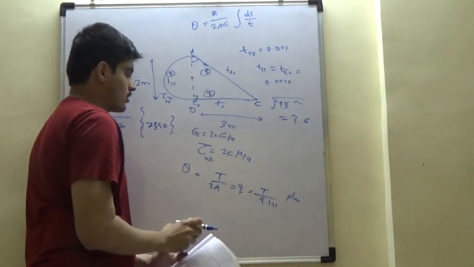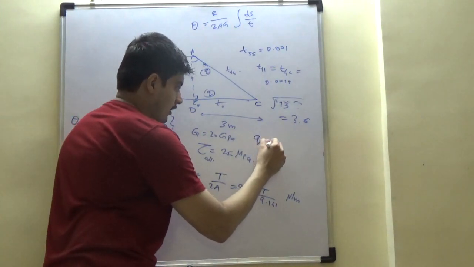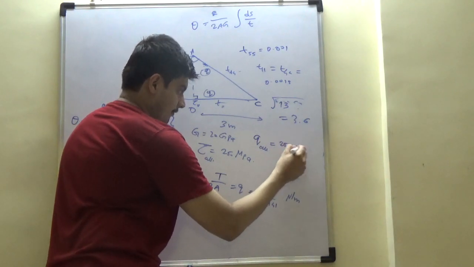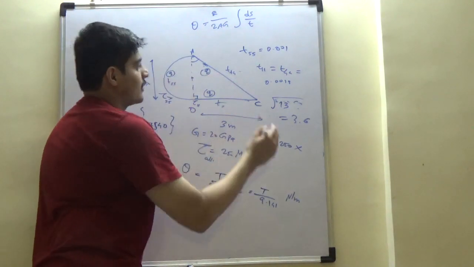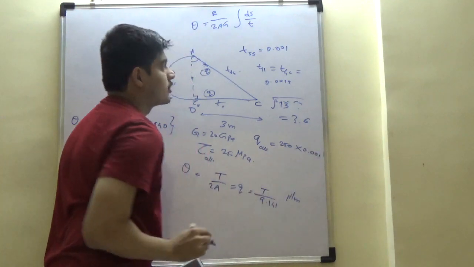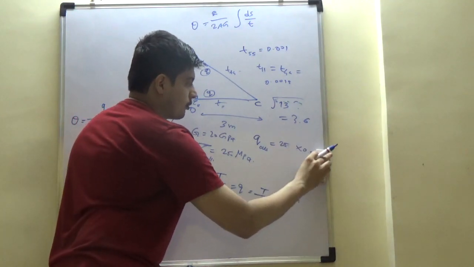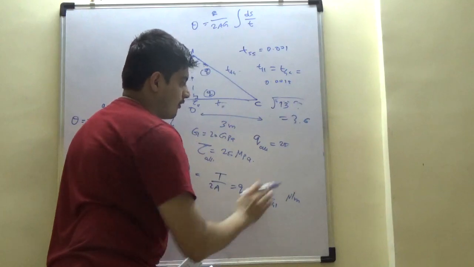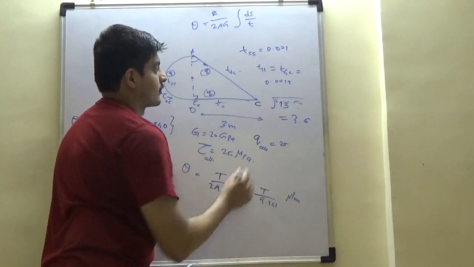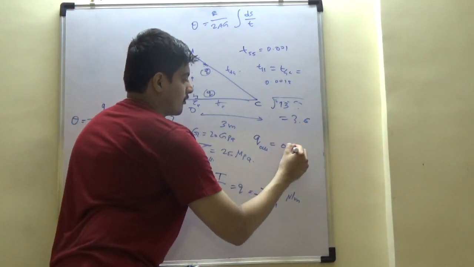So I have to use q allowed as 250 MPa into the thickness, which is 0.001. So 25 into 0.1, which is 2.5, so 0.25.